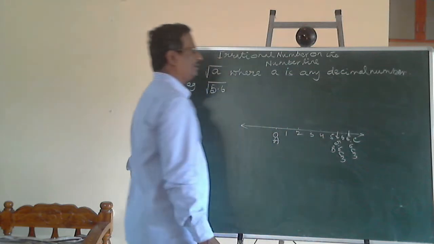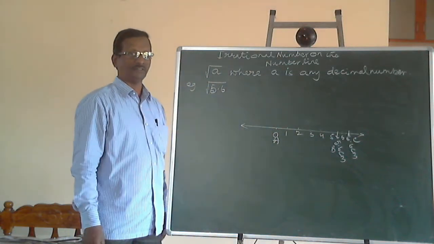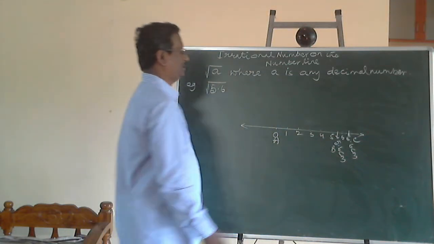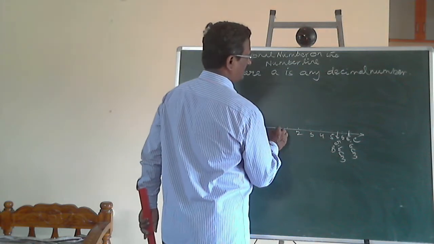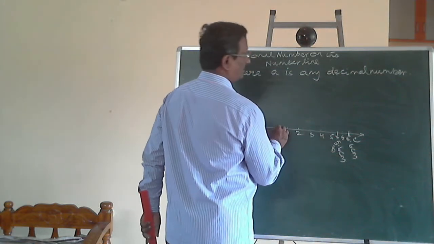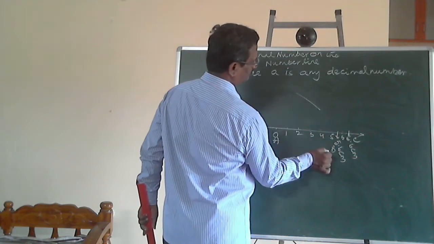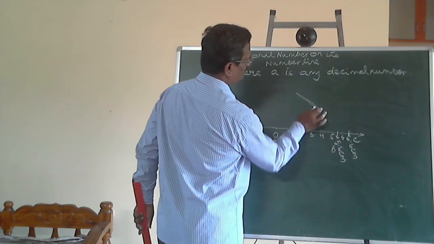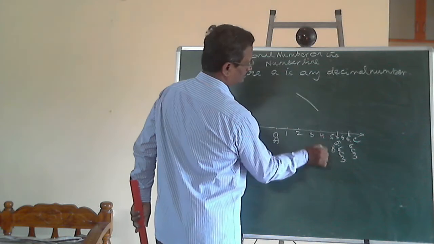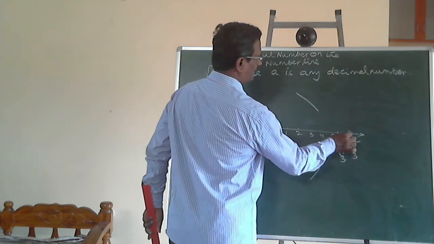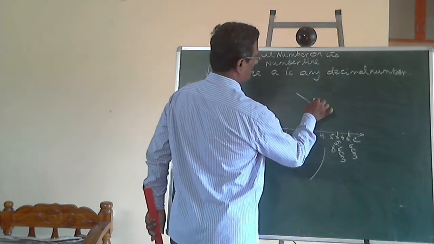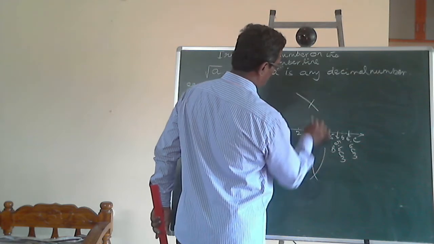We have to draw a semicircle with AC as diameter. For that, with center A and radius more than half of AC, draw an arc, with the same radius with center C. Draw two more arcs.